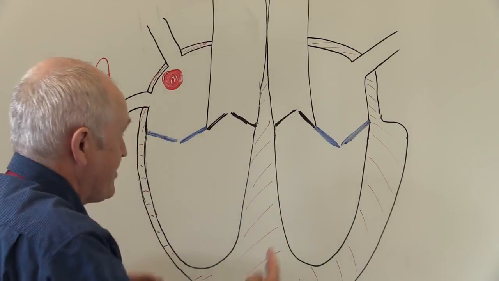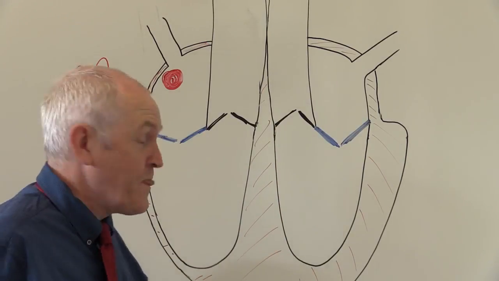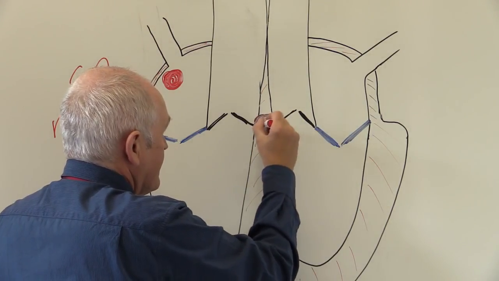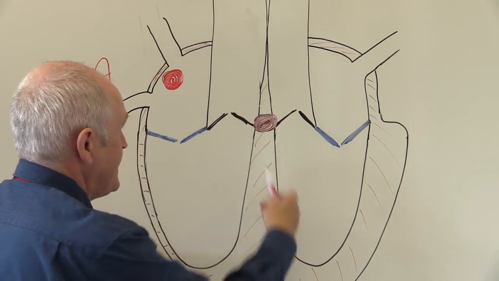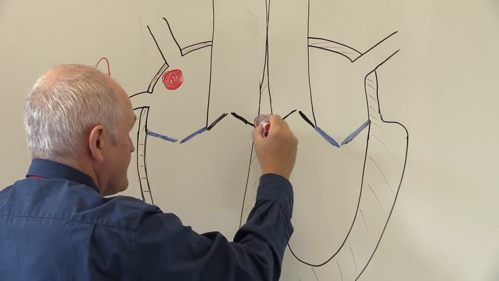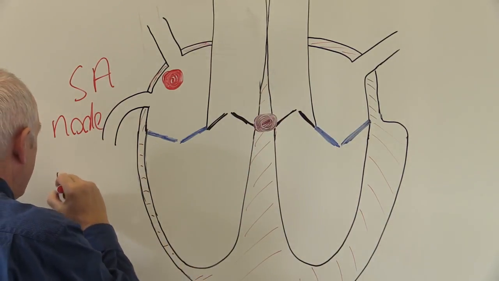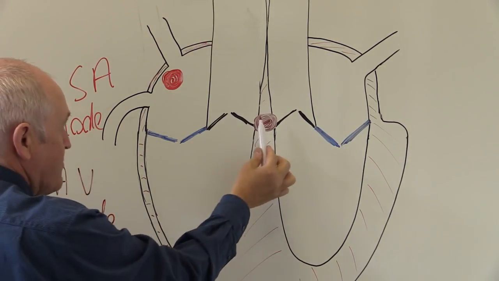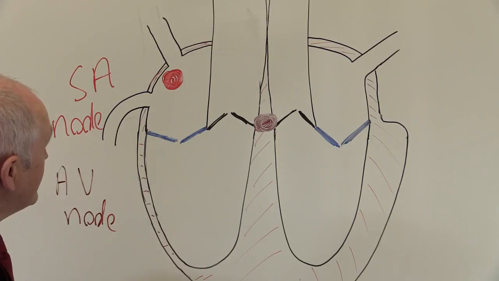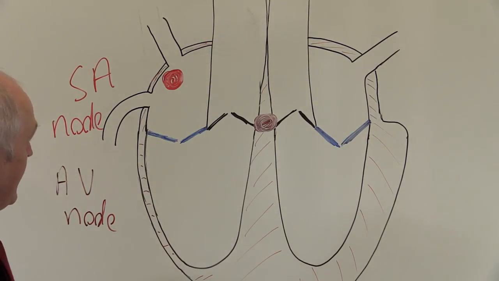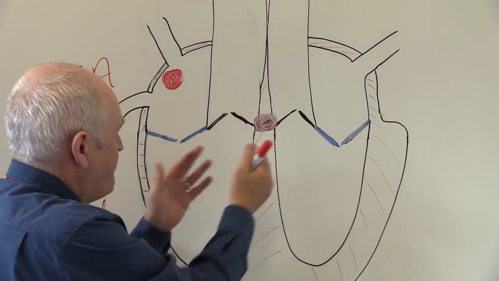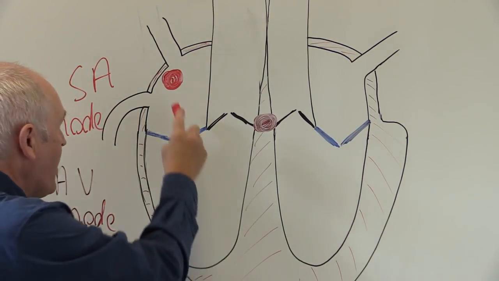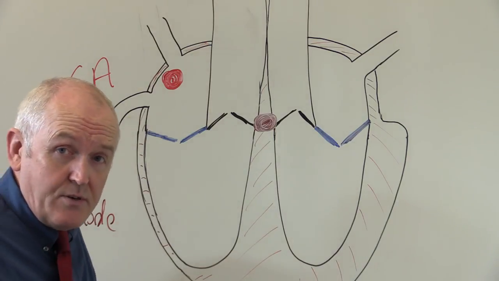Now, there are other electrically active areas in the heart. For example, there's an area here, and that's a node between the atria and the ventricles. So that's called the AV node. The atrioventricular node between the atria and the ventricles. And that's also electrically active, but the spontaneous depolarization rate is lower than the sinoatrial node.